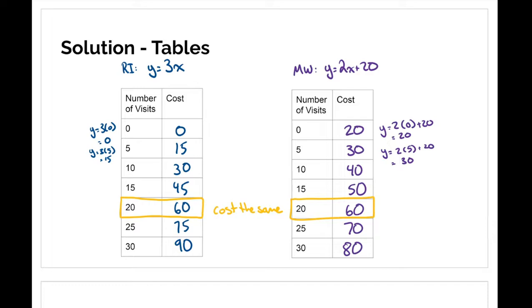We could say then, up to 20 rides, we can see that Radical Island is cheaper. The cost is cheaper up to 20 rides. So Radical Island is cheaper up to 20 rides or visits.